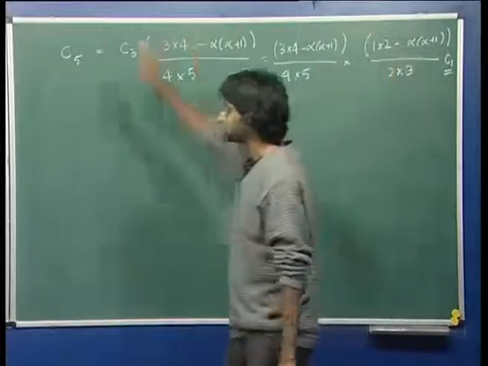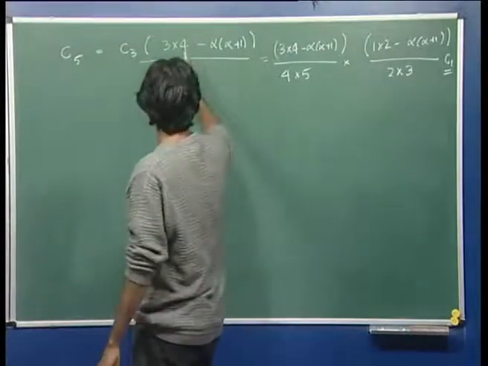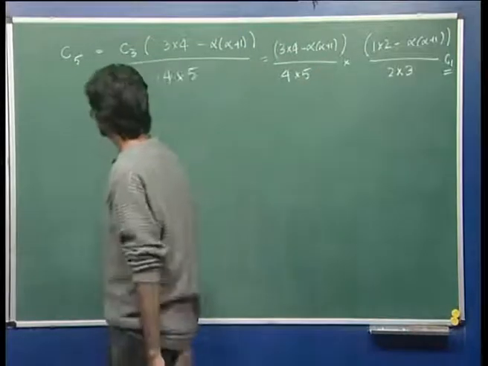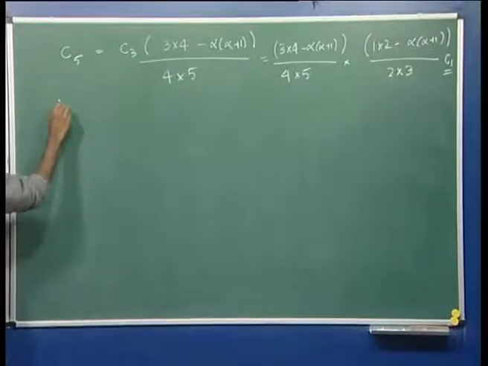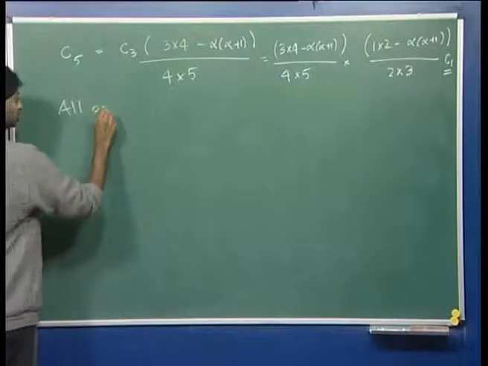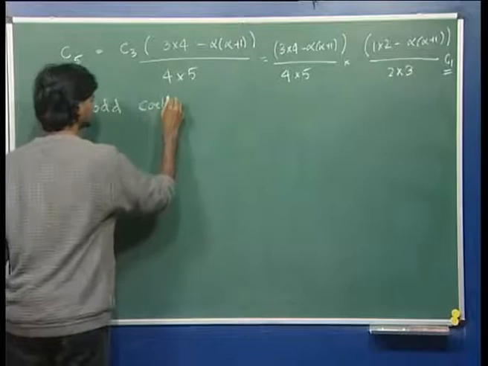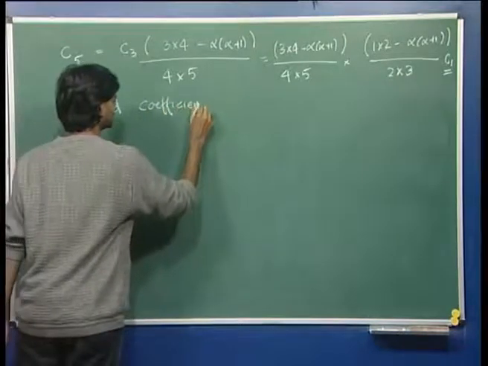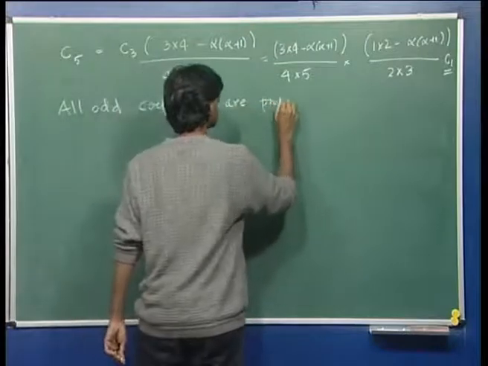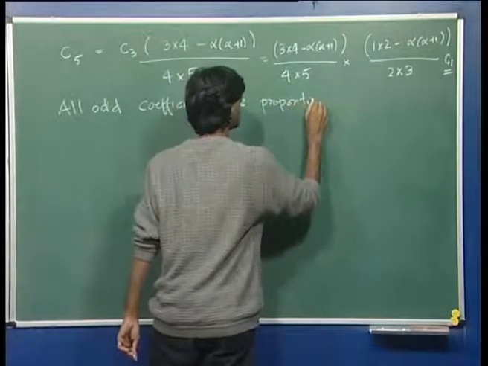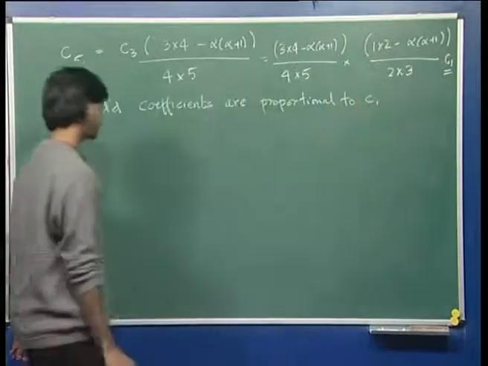Similarly, C7 you can write in terms of C5 first and then C5 to C3 and then C3 to C1. So, C7 is also proportional to C1. So, in other words, all odd coefficients are proportional to C1.